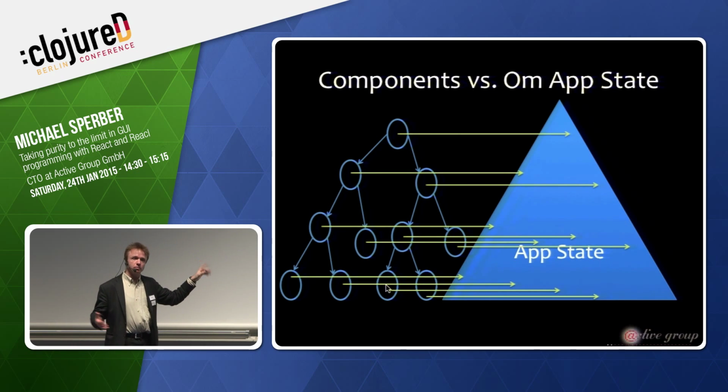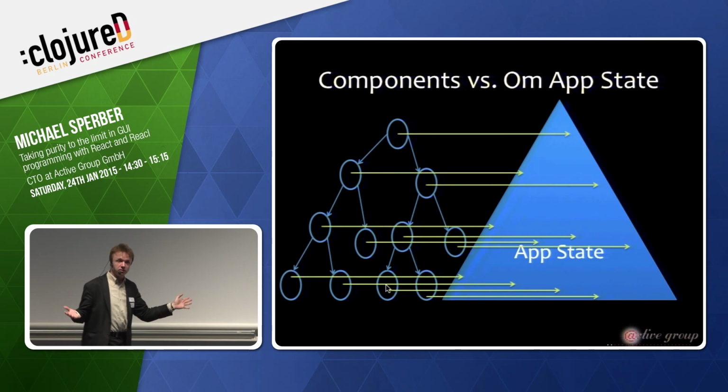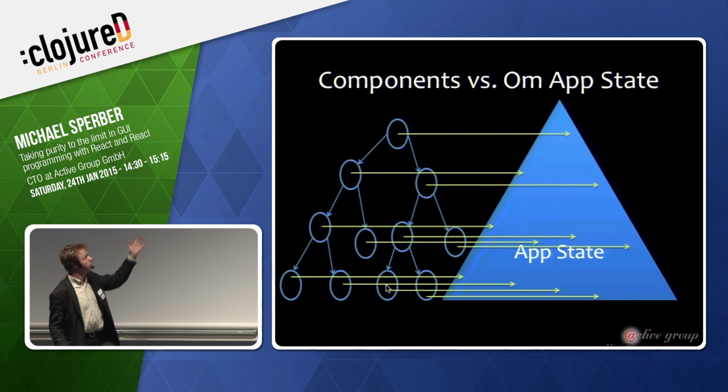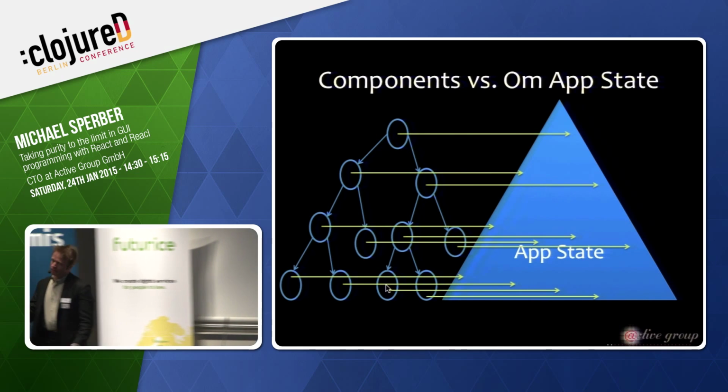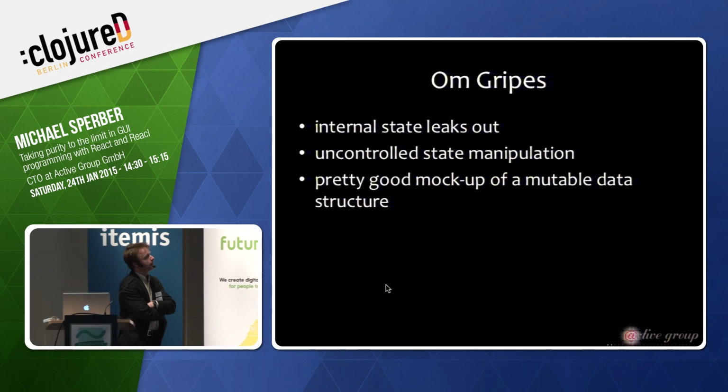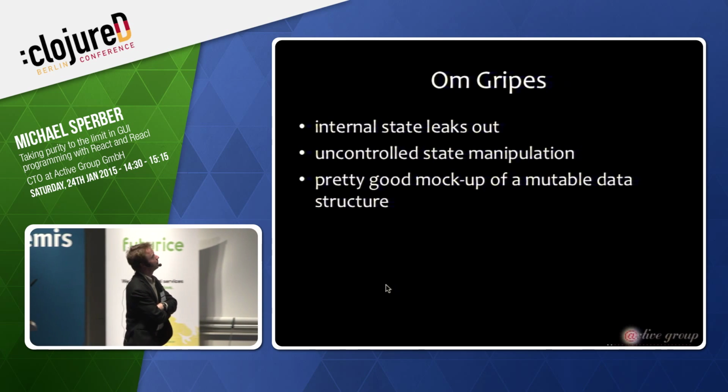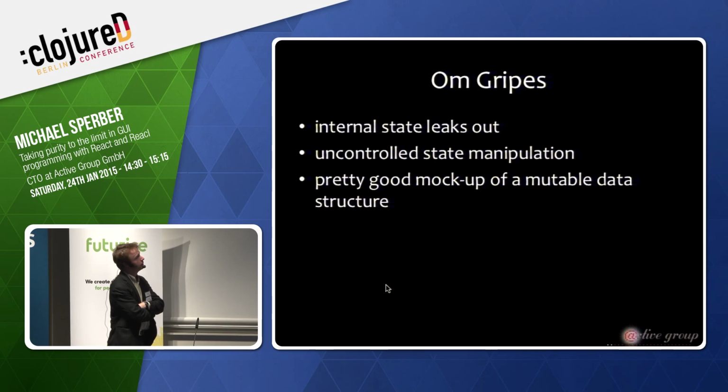And in many cases, that happens to work out just fine, but there are some cases where it doesn't, where your GUI is structured differently, and then it gets more difficult to do this with Om. So I wasn't very happy with it after playing around with it, because the internal state of the Om system leaks out, because you can't always dereference cursors when you want to.